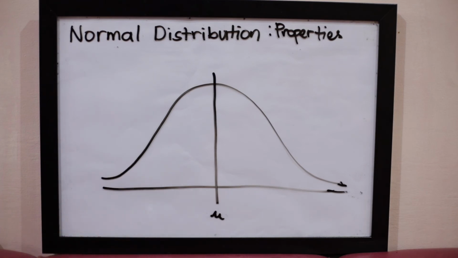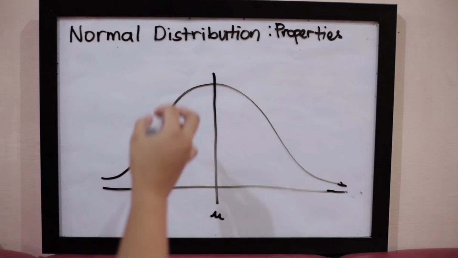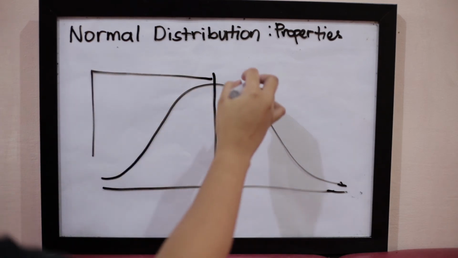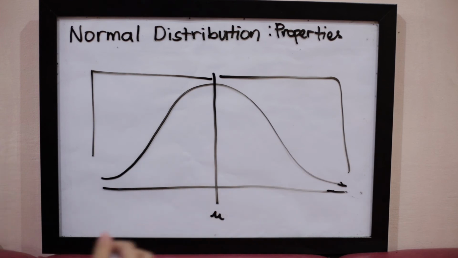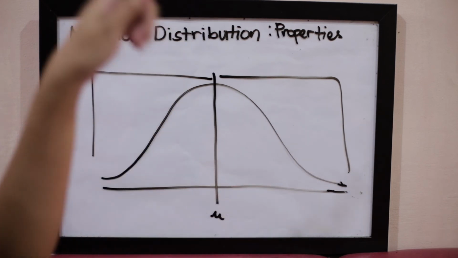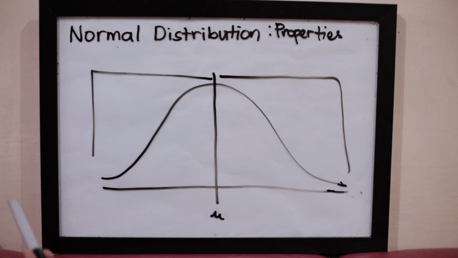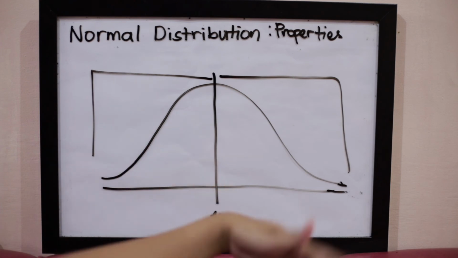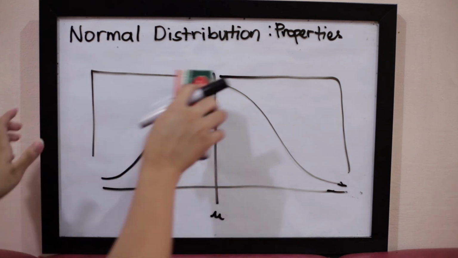The next property is that the normal distribution is symmetric about the mean. Symmetric means this area is the same as this one. If we cut it in half and fold it, you will form the same shape. Symmetric means they're equally distributed on both sides.